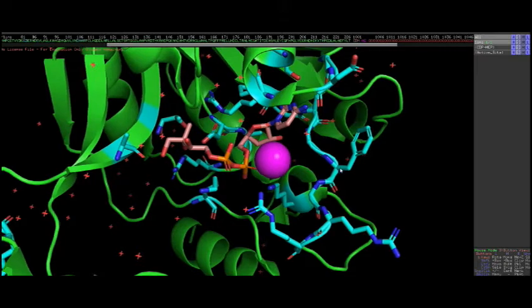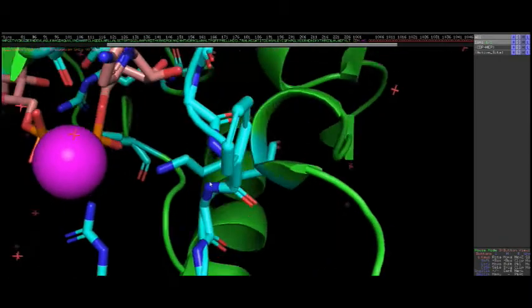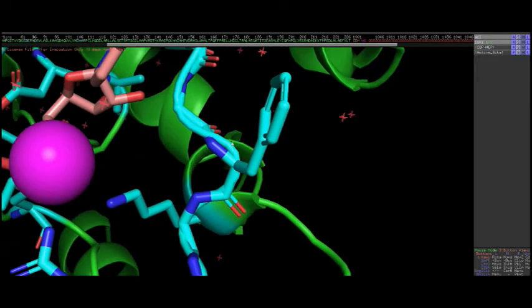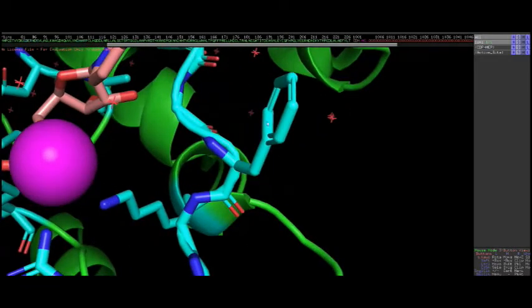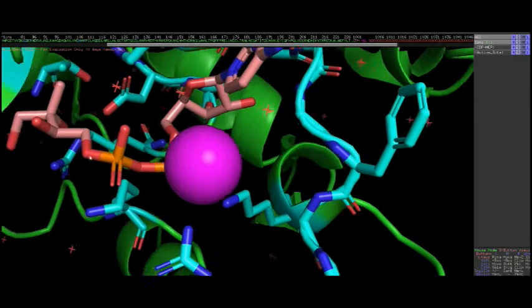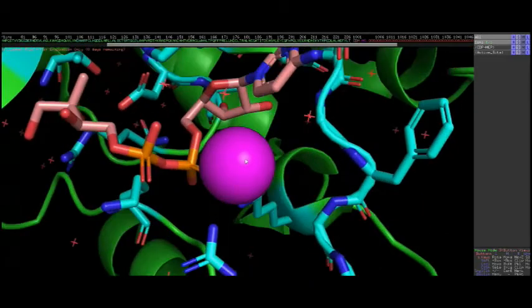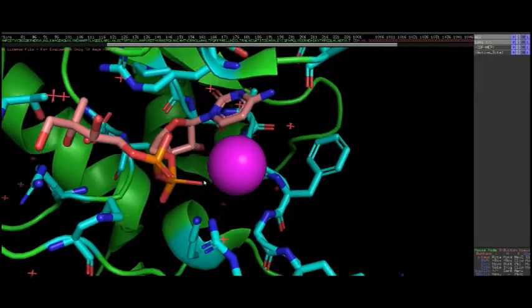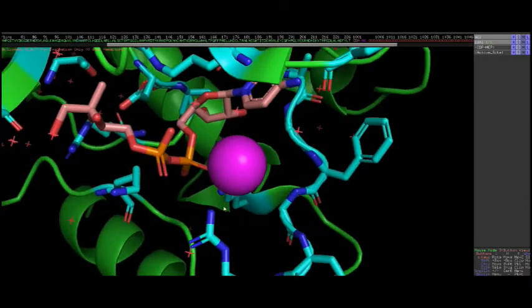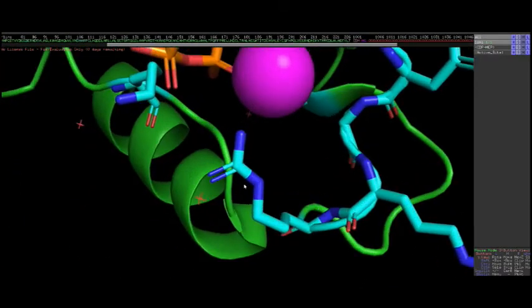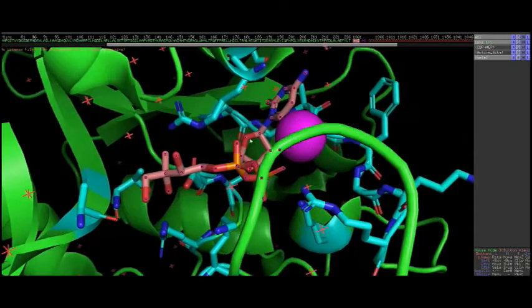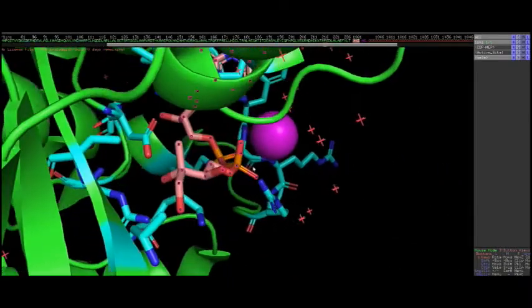We see over here that the nitrogens in our peptide bonds from this phenylalanine are coordinating with this magnesium to hold it into place there. We also see that we have this arginine here, which is getting kind of close to these phosphates, so that's stabilizing that in there.